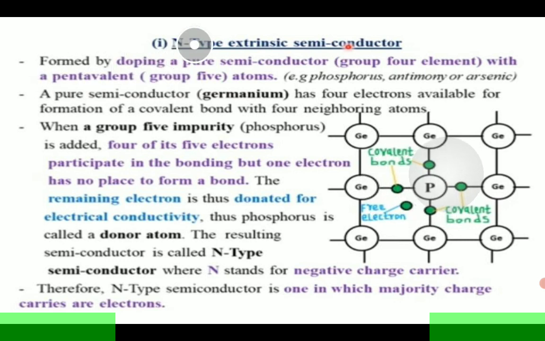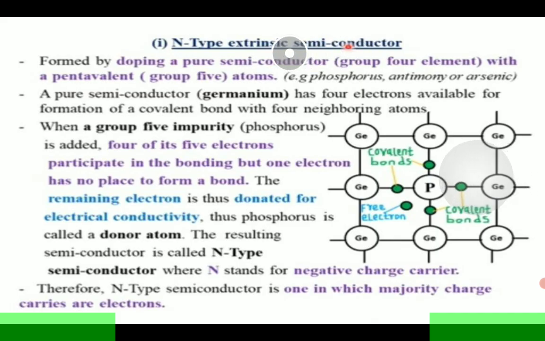We are saying that, in order to make an N-type semiconductor negative, you need to add a group 5 element to a pure semiconductor, which is either silicon or germanium.